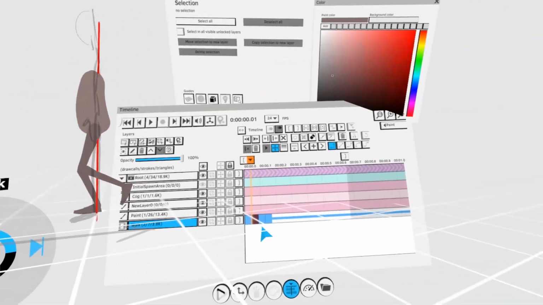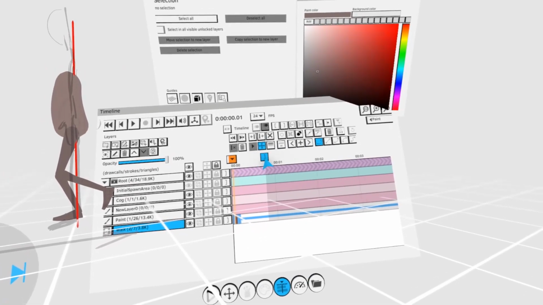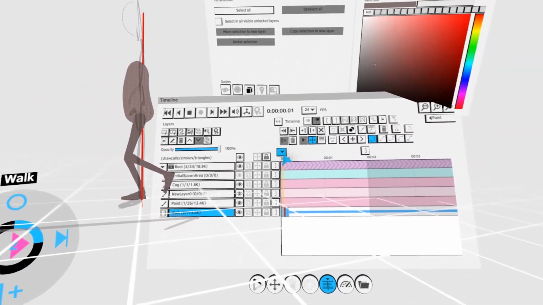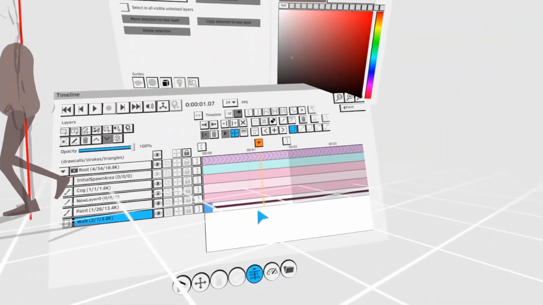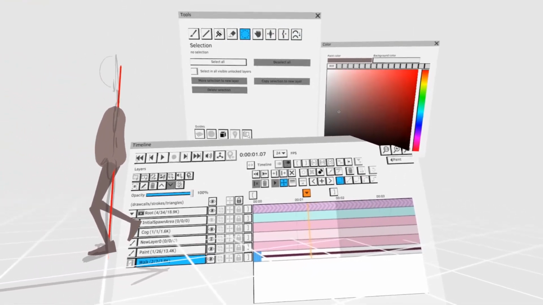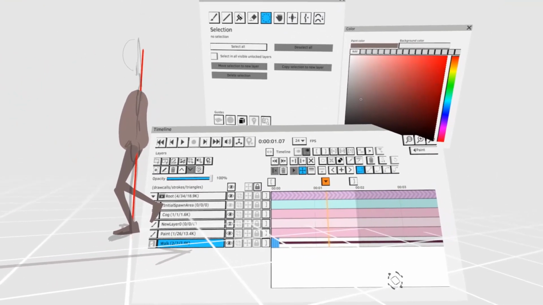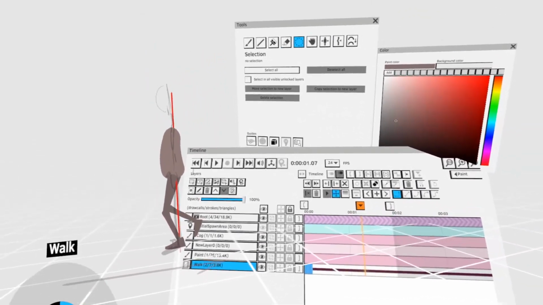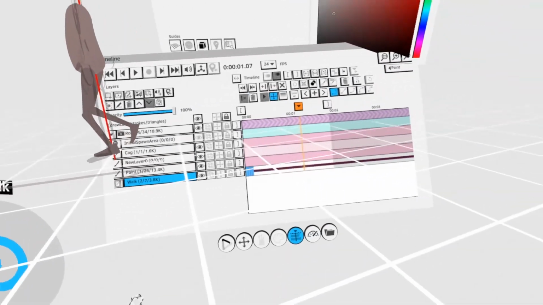So let's see how long we want to do this walk cycle. Timing on a walk cycle is very important. Usually we use 12 frames as a base, 12 frames per step, right?